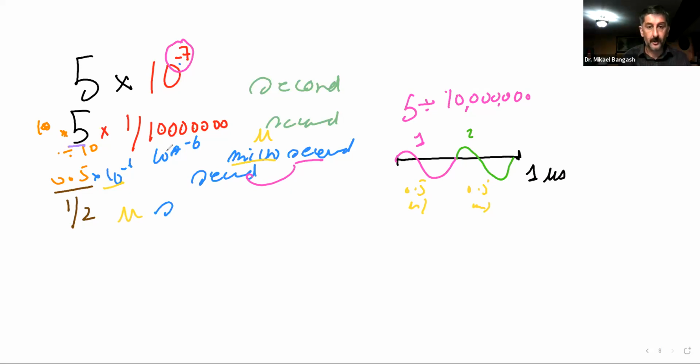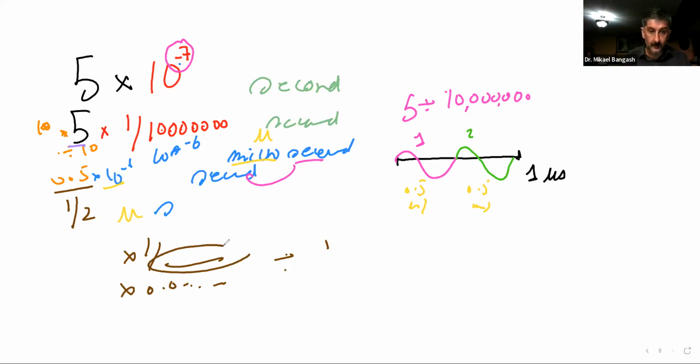If we multiply by a fraction or multiply by a decimal number, it is going to be the same as dividing by the reciprocal.